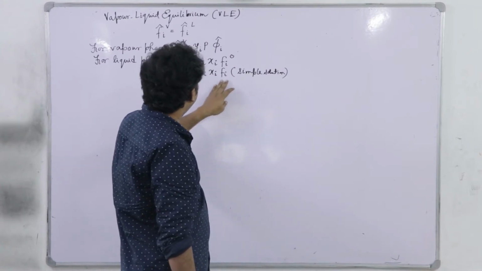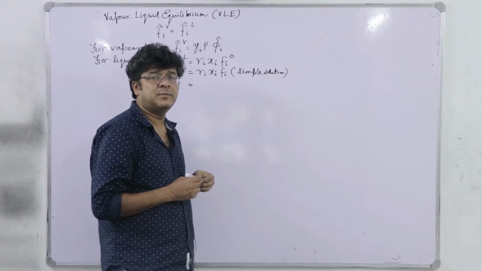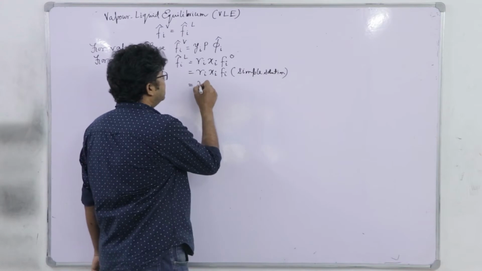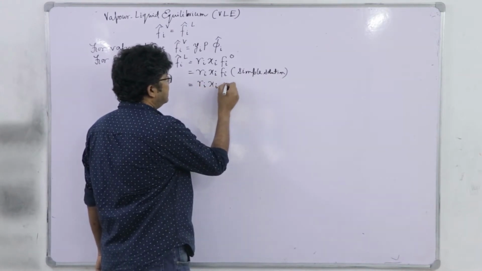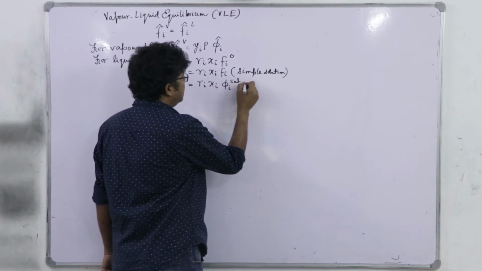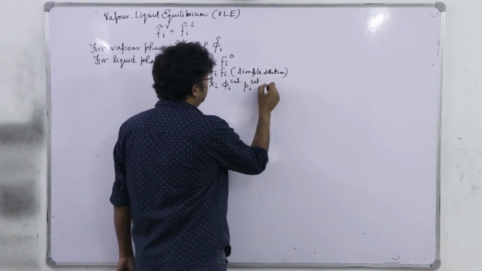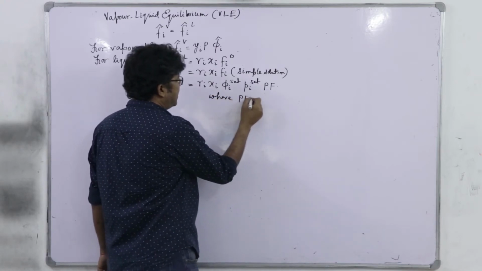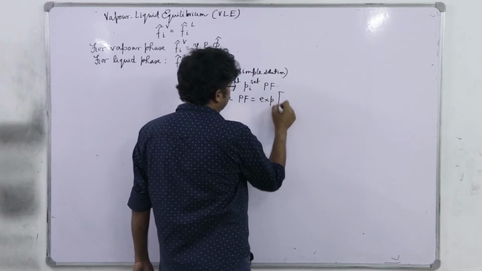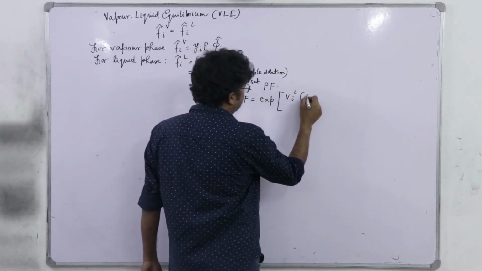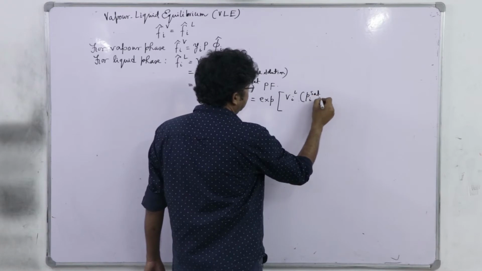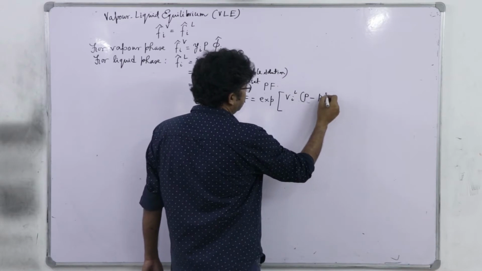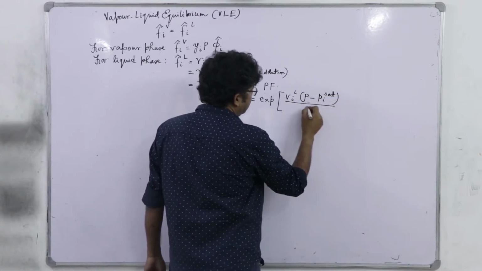Why at high pressure? Because the VLE we may be discussing at a different pressure relative to its saturation pressure. So we have to include this Poynting factor. So it is gamma i xi phi i sat Pi sat into Pf, where Pf, the Poynting factor, is equal to exponential of Vi L into P minus Pi sat by RT.